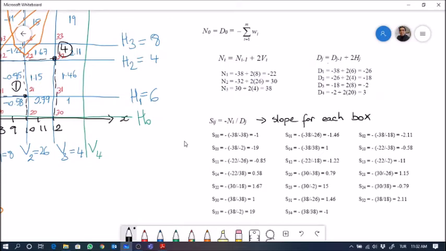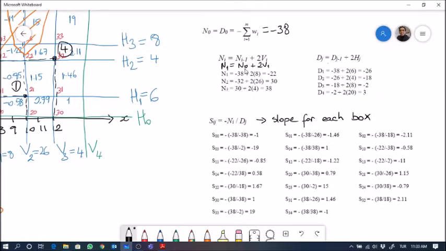So N0 and D0 in that case equal minus 38. So Ni equals Ni minus 1 plus 2 times Vi. So if we would like to calculate N1, it will be equal to N0 plus 2 times V1.